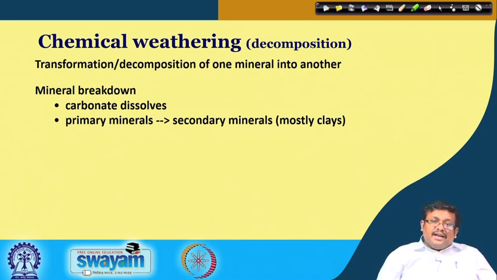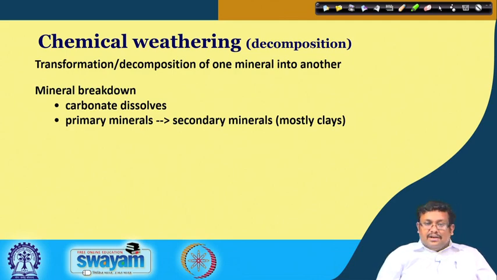Just remember that the most predominant primary mineral on the earth surface is quartz followed by feldspars, and these quartz and feldspars can basically be found in the sand and silt fraction. That is why sand and silt are chemically inert in nature, because quartz and feldspar are chemically inert.